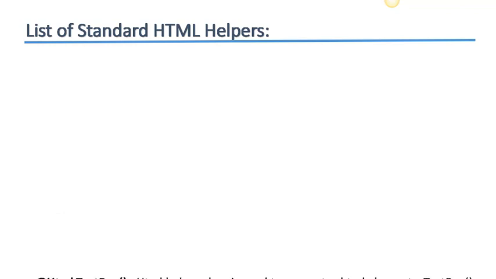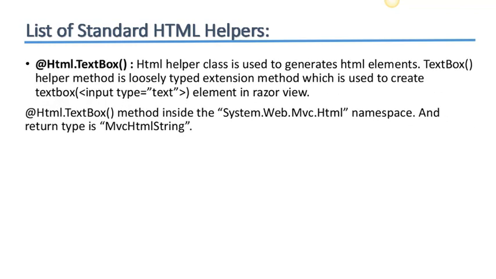First, we are going to understand the text box. The @Html.TextBox HTML helper class is used to generate the HTML element, and the TextBox helper method is a loosely typed extension method. It is not TextBoxFor, it is not tightly coupled, so we can pass any string to the TextBox extension method, which is used to generate the text box.